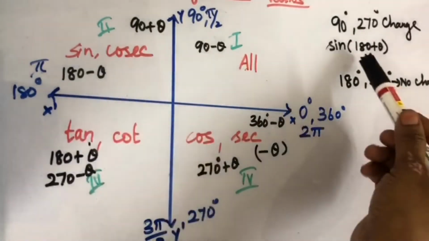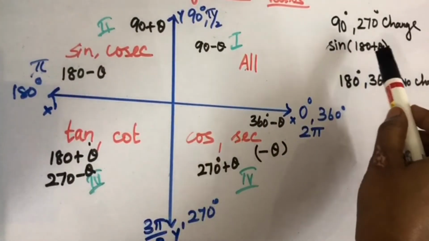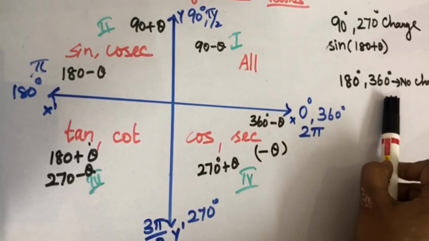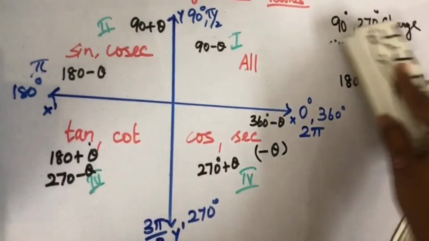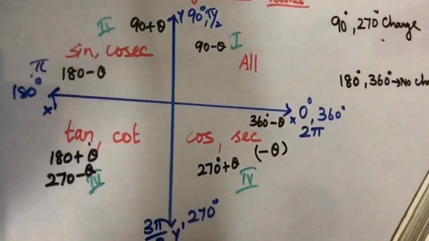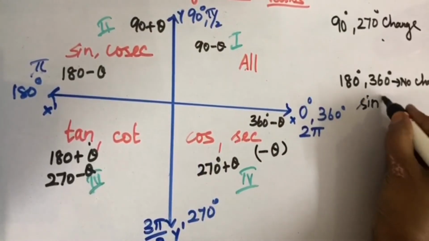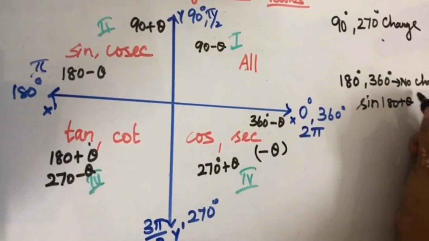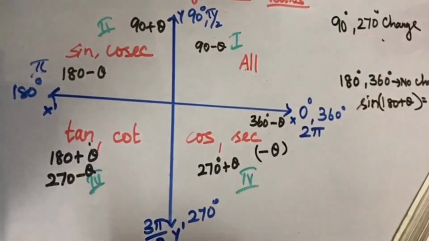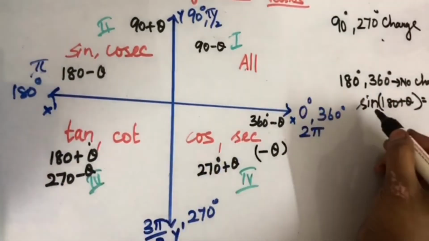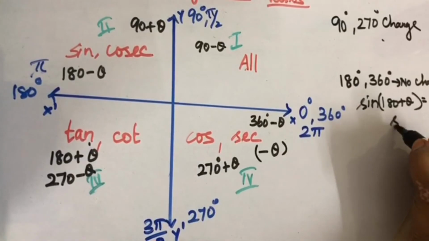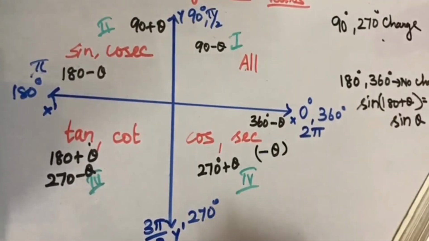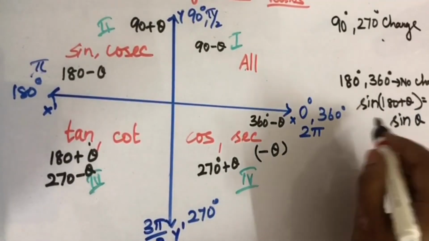But here I said for 180 and 360 there is no change. So sine 180 plus theta remains sine theta, the ratio does not change.